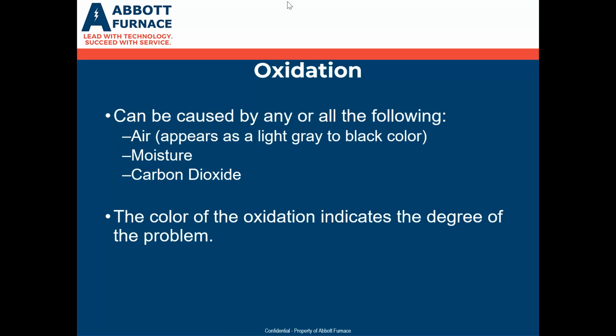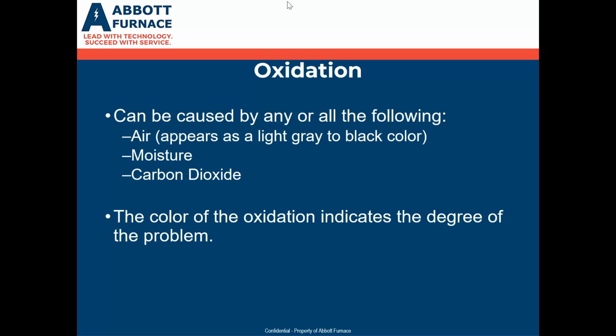Oxidation, again, is caused by air somewhere in the furnace. It's going to appear as different colors depending on what temperature the part is. When it comes in contact with the oxygen, the parts are going to turn a different color.